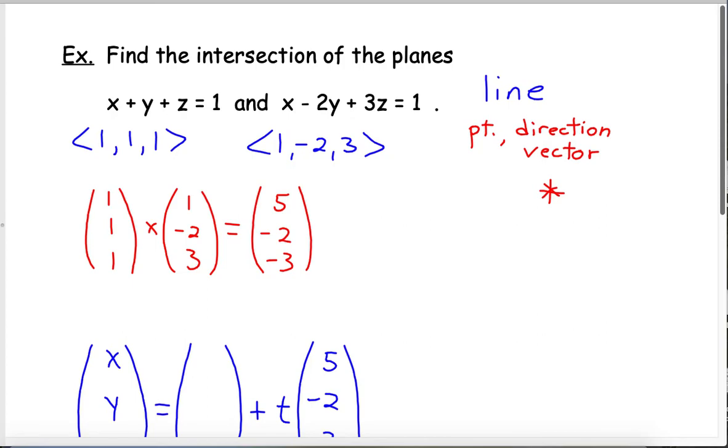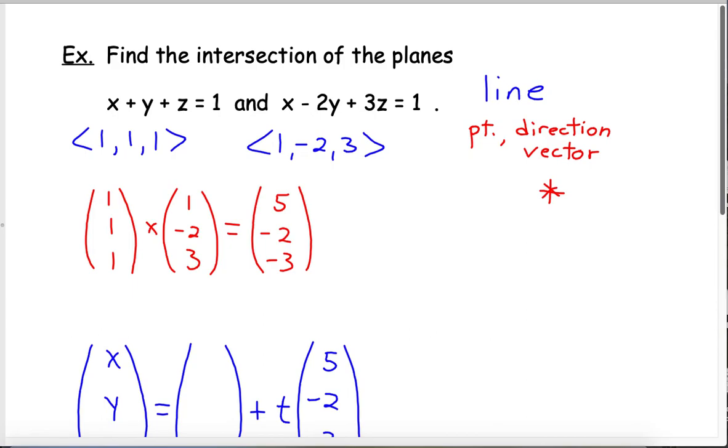Now, if we could just get rid of the planes and just picture that line, it probably is going to intersect the xy plane. If it doesn't, then it'll intersect the xz plane or the yz plane. So we're just going to pick the xy plane. And in the xy plane, all points have one thing in common, and that's z is 0.